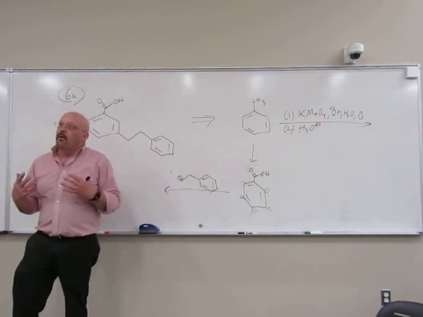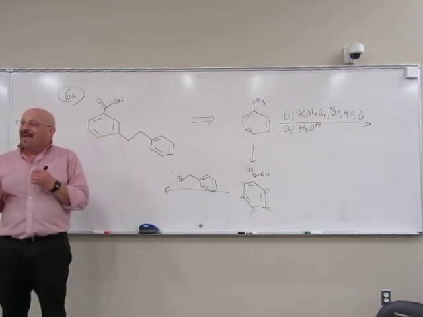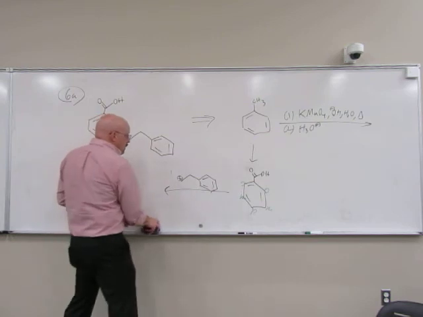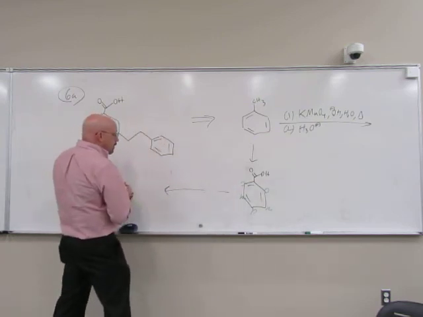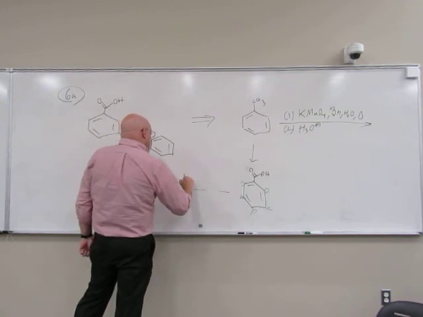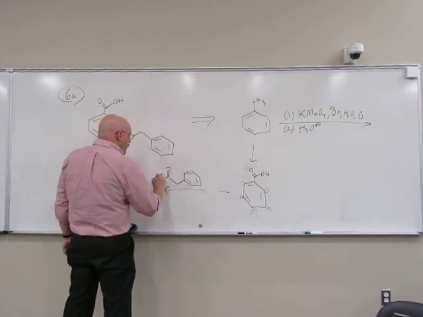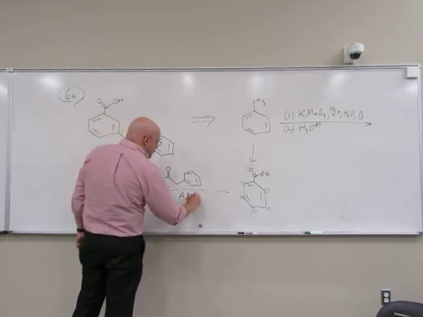Now what did we learn to avoid any rearrangement? Instead of doing Friedel-Crafts alkylation, we do Friedel-Crafts acylation. And those don't rearrange. So we've got to do a Friedel-Crafts acylation if we're going to put this on. So what we're going to need to do is use an acyl chloride and a Lewis acid catalyst.